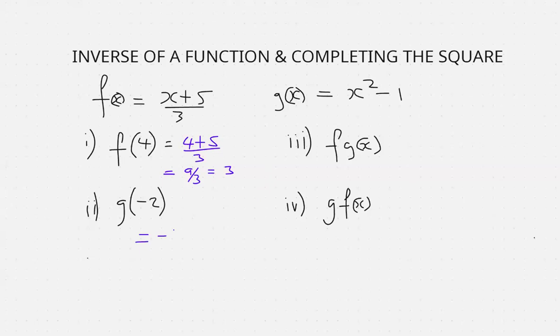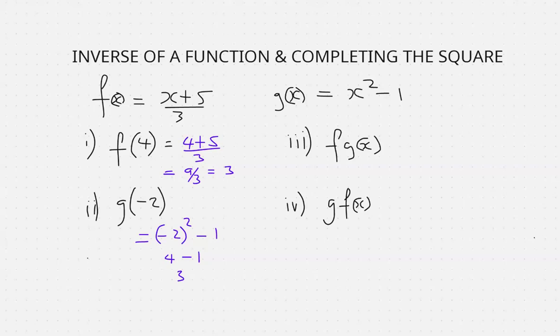So that's direct function. Now, composite function is where you're actually putting a function into a function. Notice that there's no number here, so there's no number to put into anything. What this literally means is that you're going to be putting the g function into the h function.